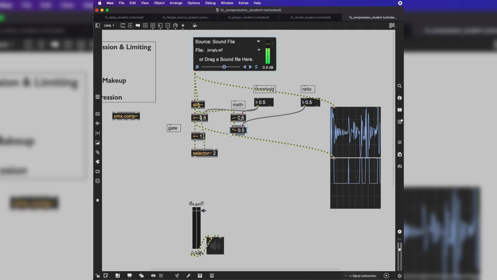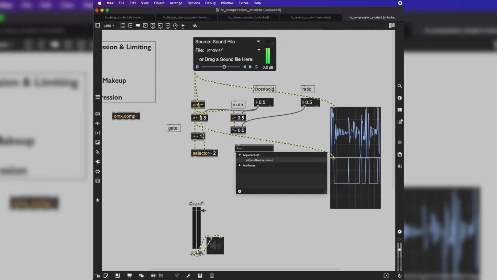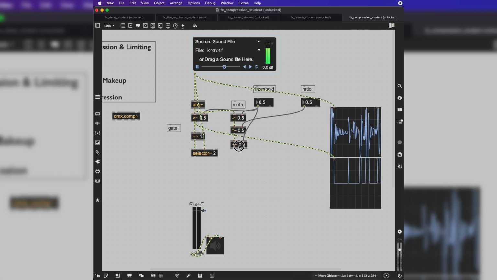And then I want to add that threshold value back on that signal, so we have our final sample value. Plus tilde 0.5, but this is also the threshold 0.5.